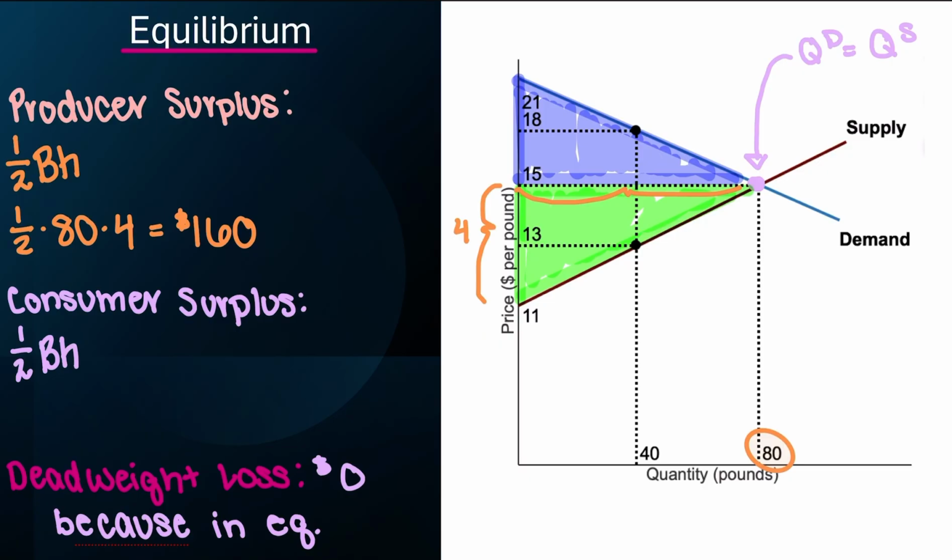Our base is still going to be 80 because we're in equilibrium, so times 80. But our height is now 21 minus 15, which is 6. So 1/2 times 80 times 6, which is going to give us 240.